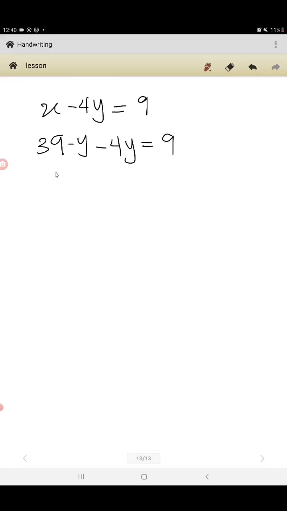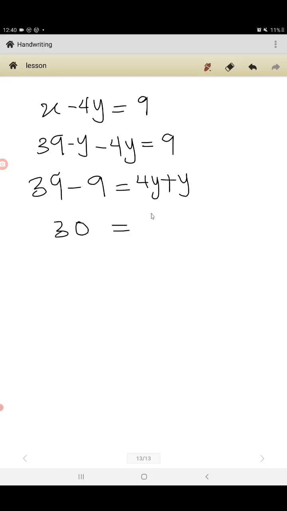So let's also collect the like terms. We have 39 minus 9 is equal to 4y plus y. So we have 30 is equal to 5y. Let's say that 5y is equal to 30.